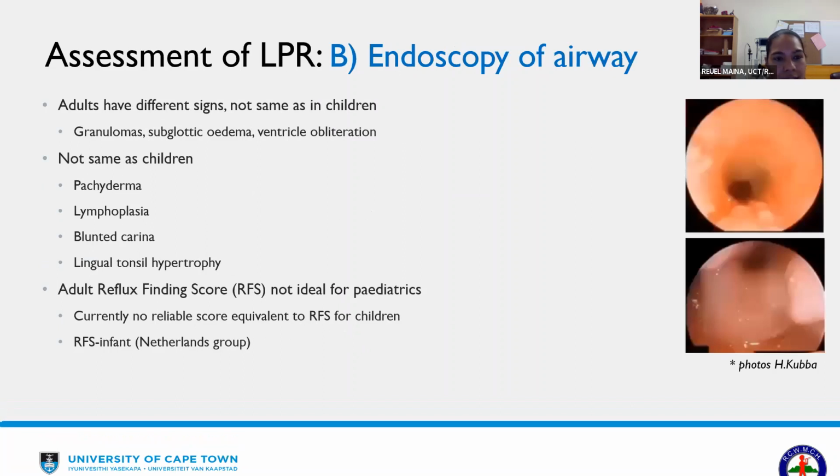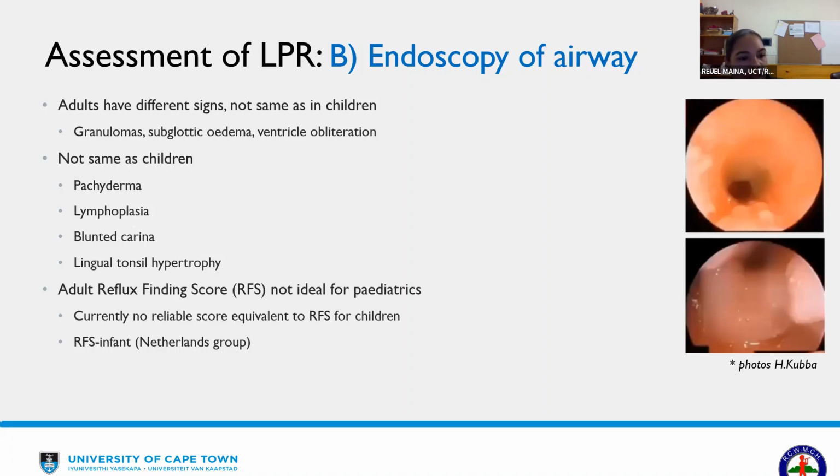So looking at the assessment of LPR, specifically endoscopy of the airway, adults have different symptoms, have different signs, and they are not the same as children. In adults, they can have granulomas, they can have some subglottic edema, and they can have some ventricle obliteration.